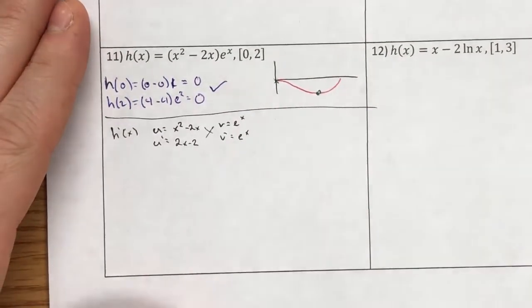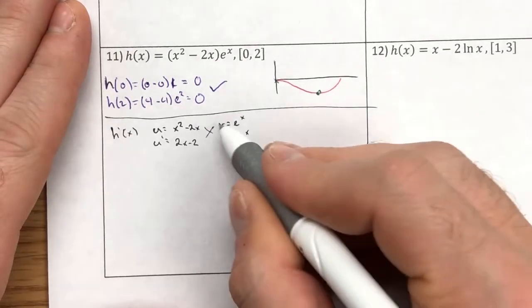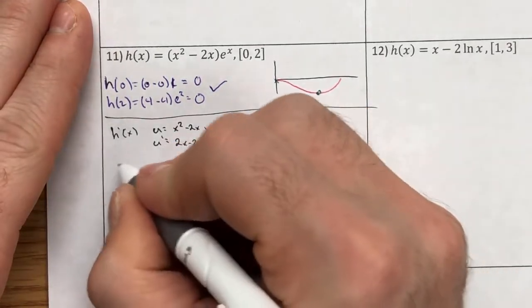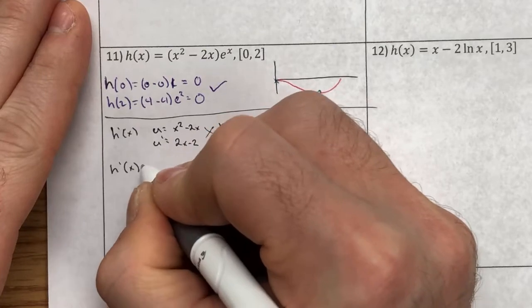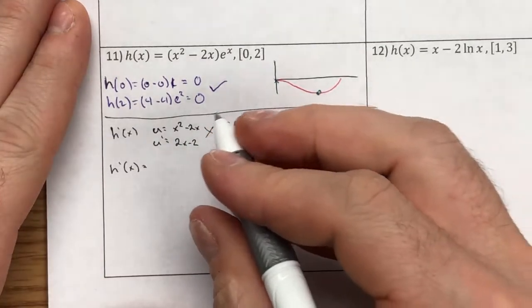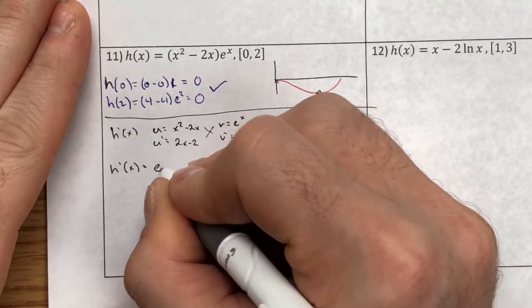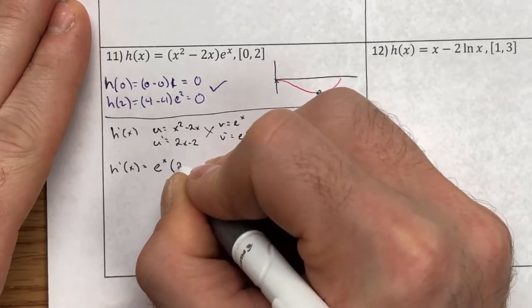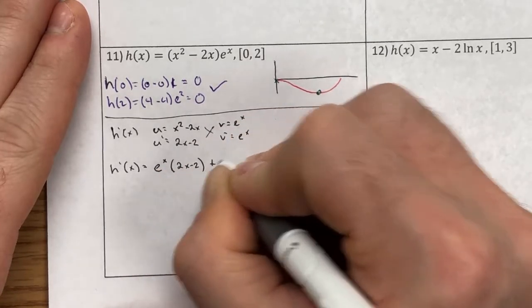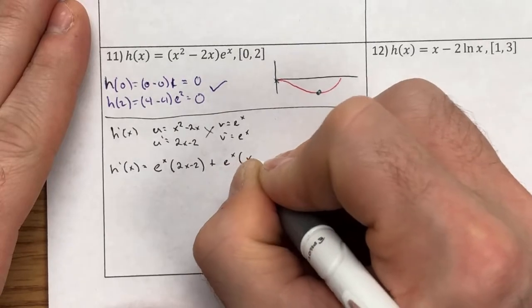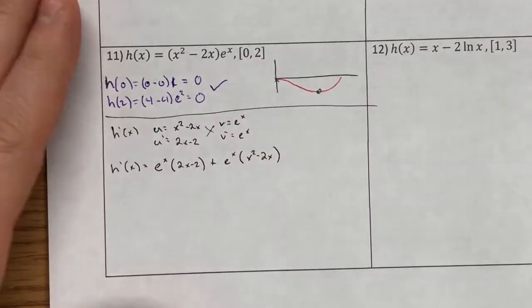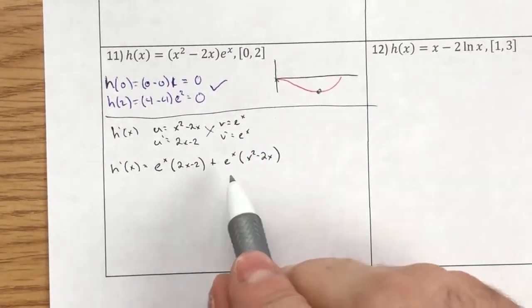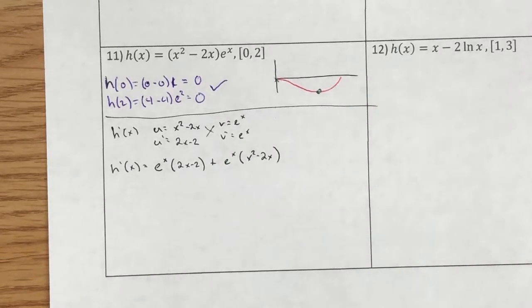Now the first thing, when we go ahead and find the derivative, we notice that both of them are multiplied by an e to the x. So h prime of x is equal to e to the x times 2x minus 2 plus e to the x times x squared minus 2x. With this derivative, we're trying to set it equal to 0.